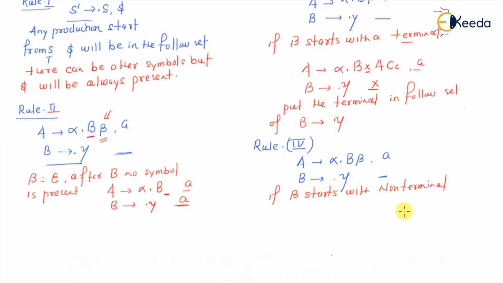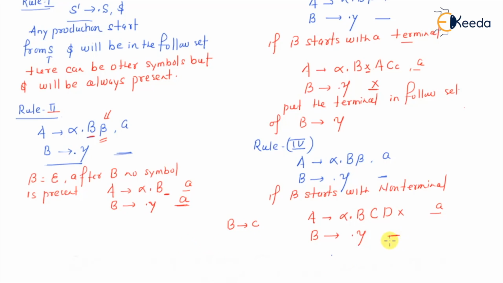So now beta starts with a non-terminal, and let me rewrite this example as A derives alpha dot B, and instead of beta, let me write C D, and then X, and there is a symbol A. Now I'll write here B derives dot gamma, and I have to write a symbol over here. So I must have knowledge of what the non-terminal is deriving. I am taking the first case as if C derives only c.